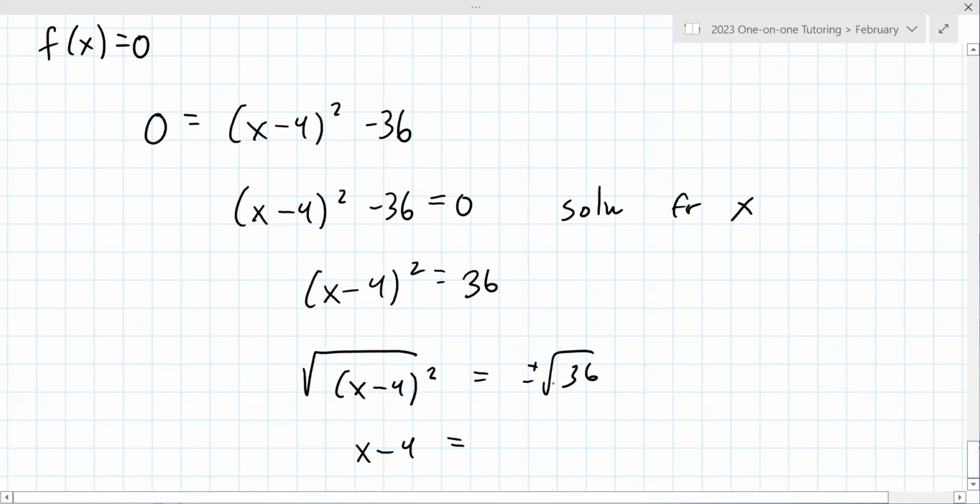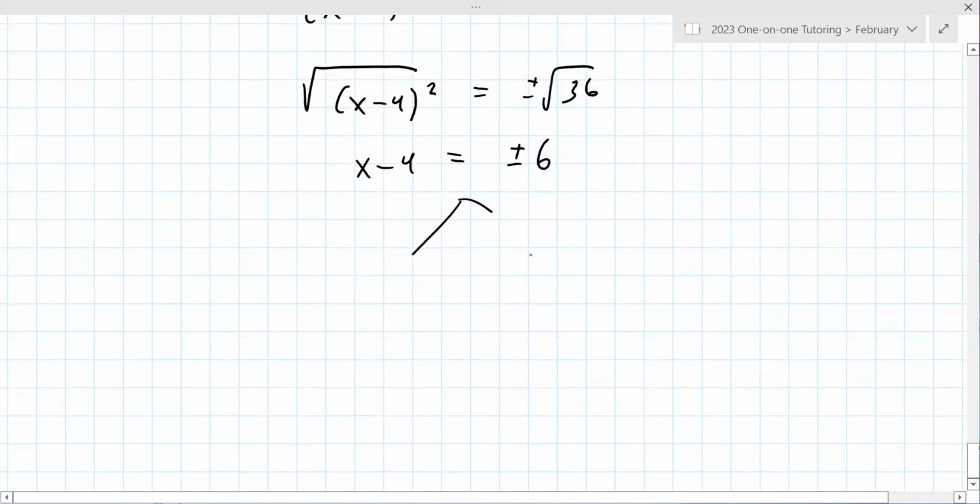Yeah, but you have to reduce this first on the right. What's the square root of 36? 6. You have to take the square root of both sides.